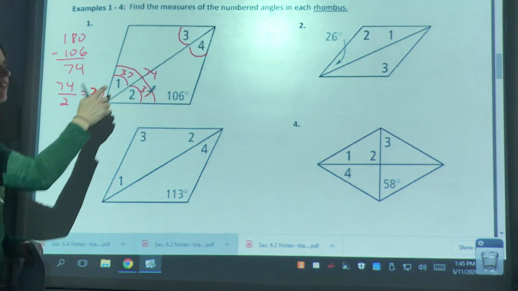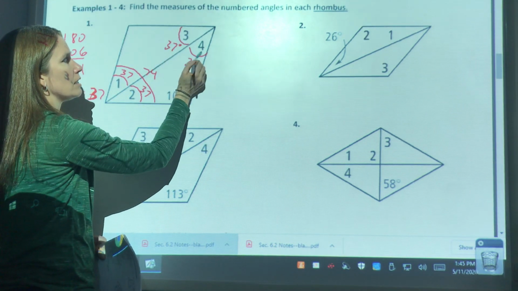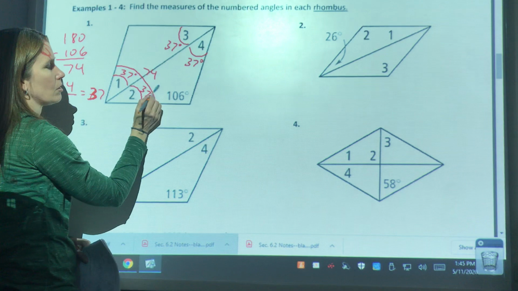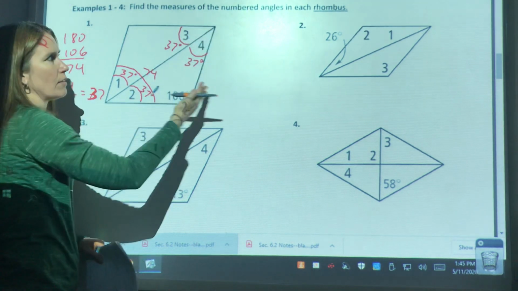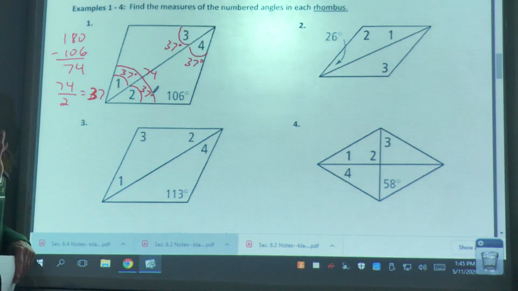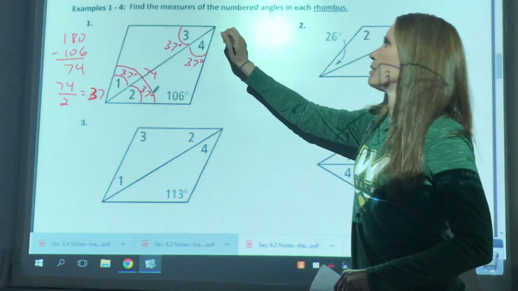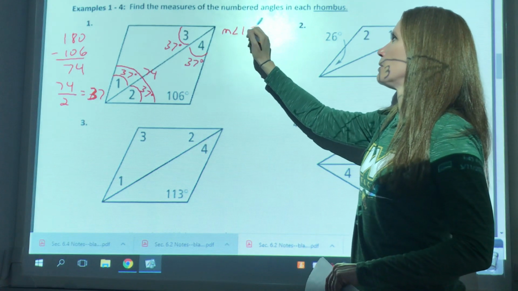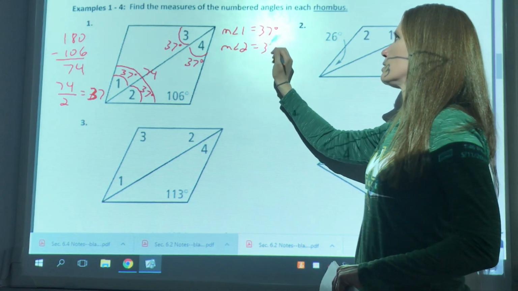If I know that these two are 37, then I know that these two are 37 also. Again, if it helps you to list those off to the side, that's fine as well. I think this and the pictures are big enough that you can see my answers there. Actually, maybe I'll go ahead and list them. Measure of angle 1 is 37, just to make sure it's clear. Angle 2 is 37.